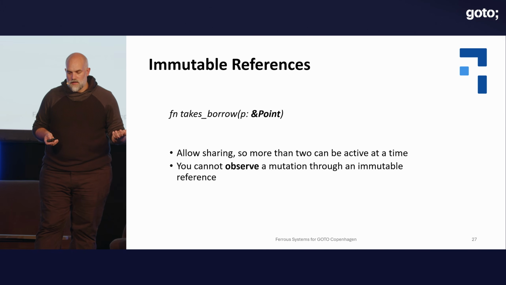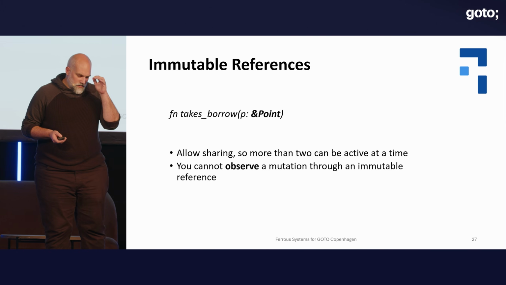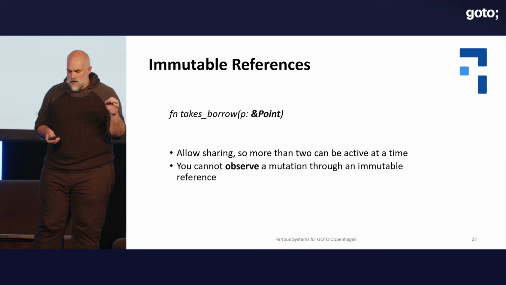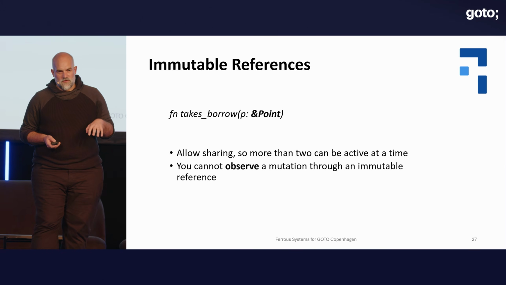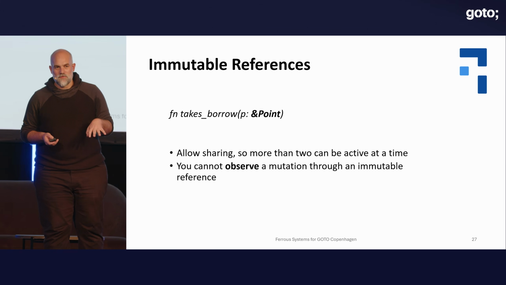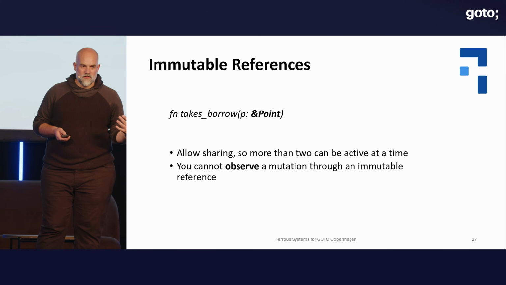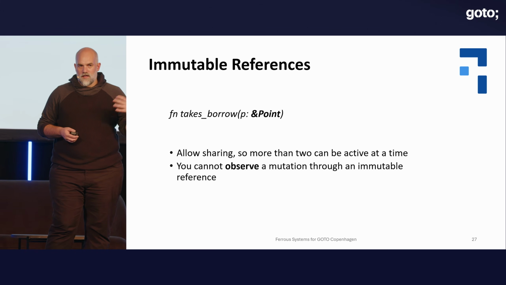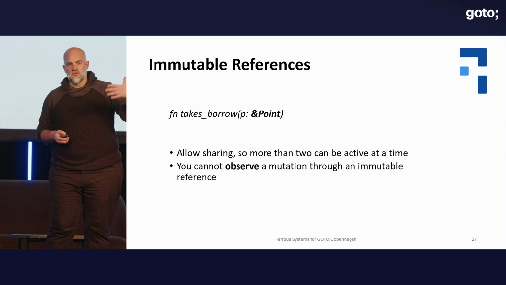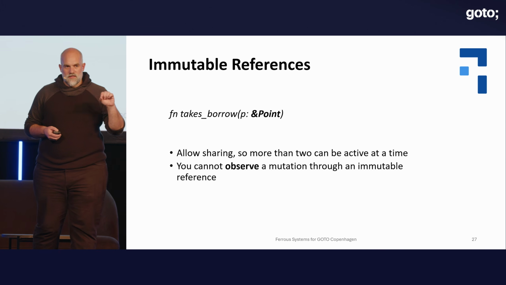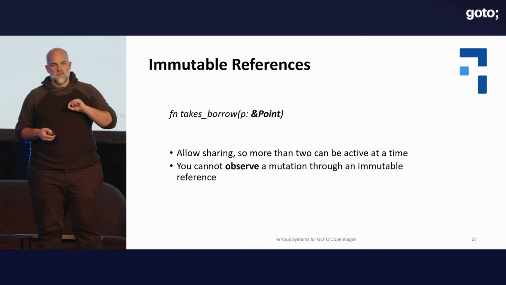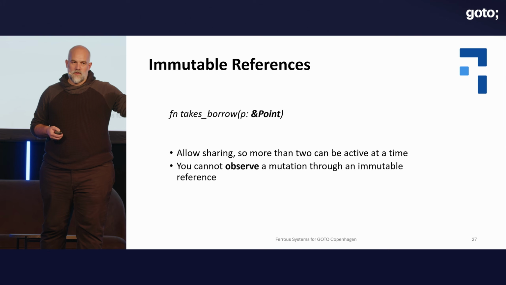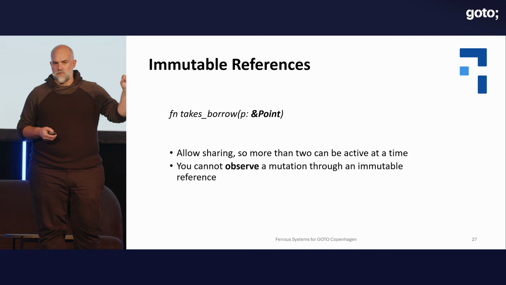They're immutable, and they have an interesting property. You cannot observe mutation through an immutable reference. This is where the advanced bit comes in. Very often, they are defined colloquially as: immutable references do not allow you to mutate what's behind them. The guarantee is actually stronger. It is guaranteed that if you have an immutable reference, no one is allowed to manipulate what's behind them.